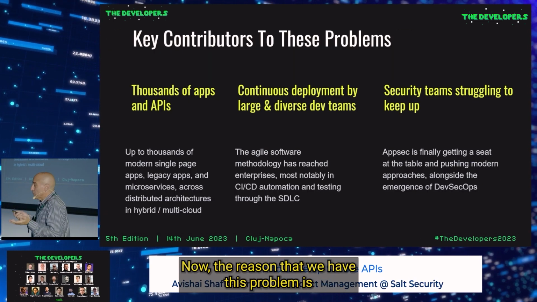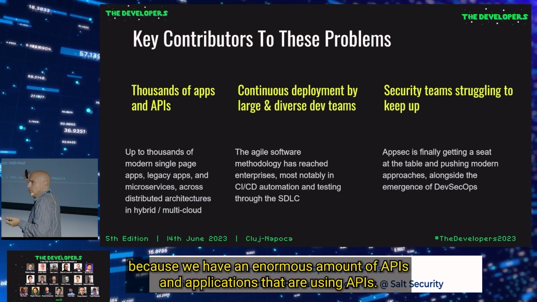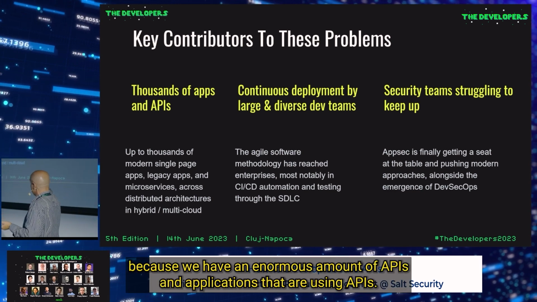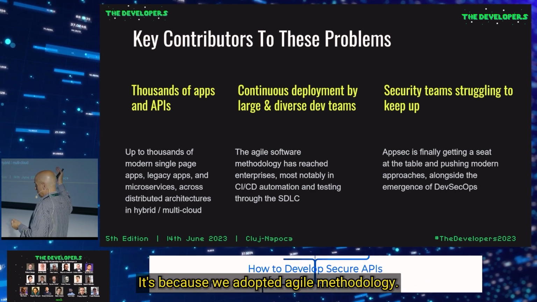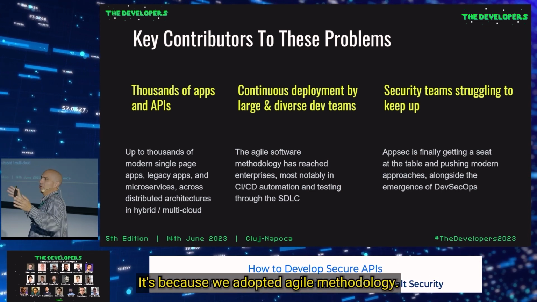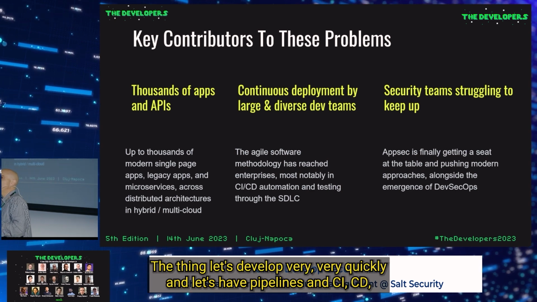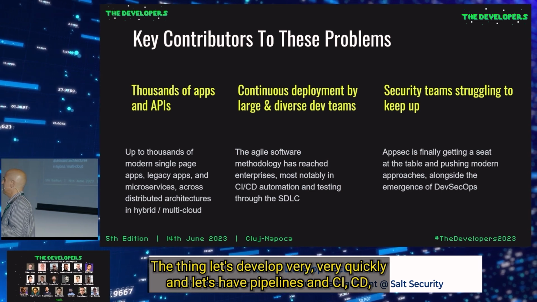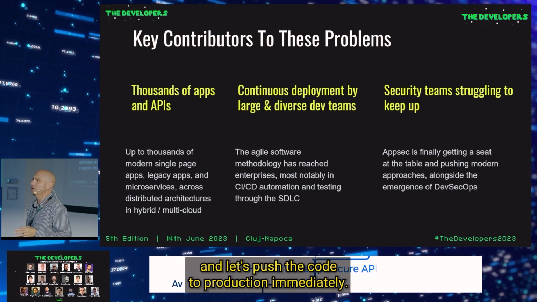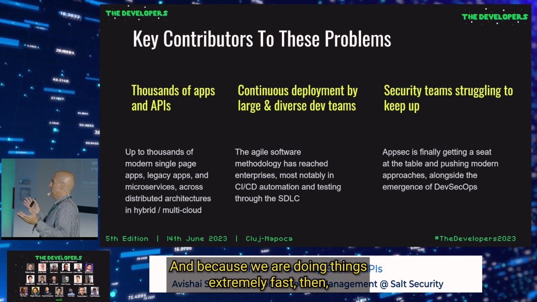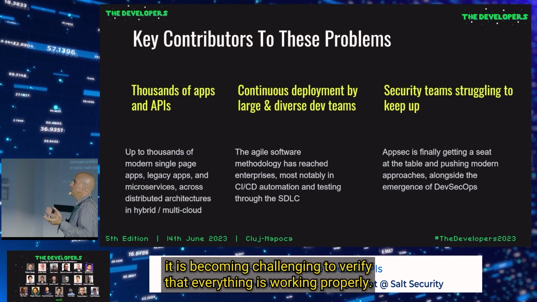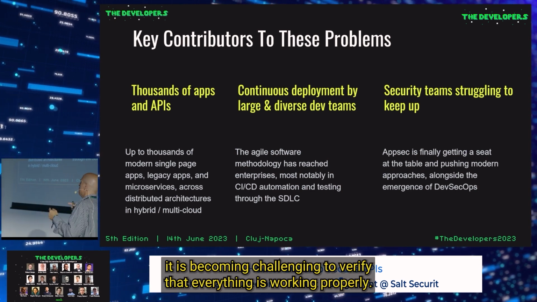The reason that we have this problem is because we have an enormous amount of APIs and applications that are using APIs. It's because we adopted agile methodologies that say, let's develop very quickly, let's have pipelines and CI/CD, and let's push the code to production immediately. Because we're doing things extremely fast, it is becoming challenging to verify that everything is working properly.